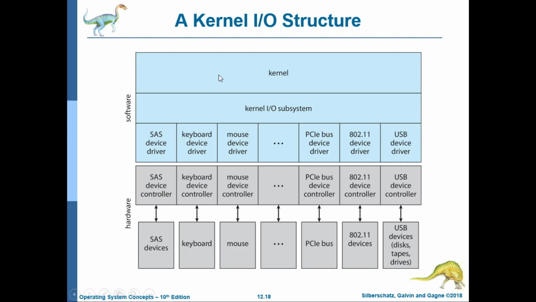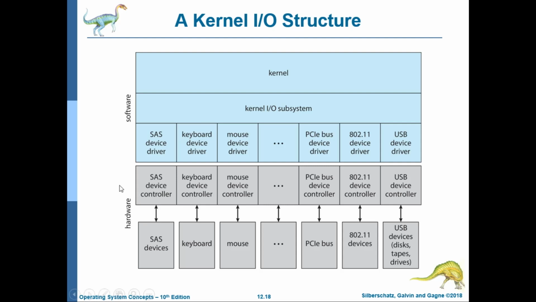The kernel, the kernel I/O subsystem, and the device drivers included are all software. For hardware, each device driver has a corresponding controller. These are all on the motherboard, or of course a separate circuit board. It depends upon the setup of your computer system.